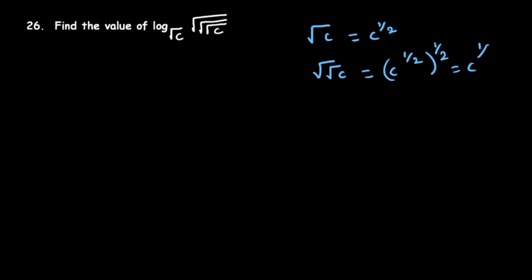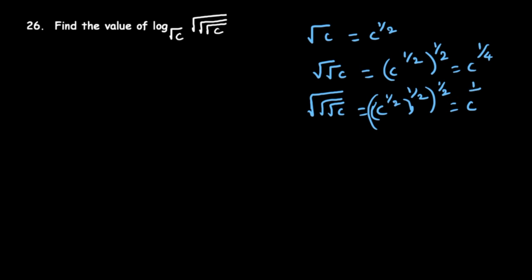But here it is given root of root of root c, that means c to the power of 1 by 2, its whole power 1 by 2, again its whole power 1 by 2, that equals c to the power of 1 by 8. We should multiply this, right? 1 by 2 into 1 by 2 into 1 by 2 is equal to 1 by 8.